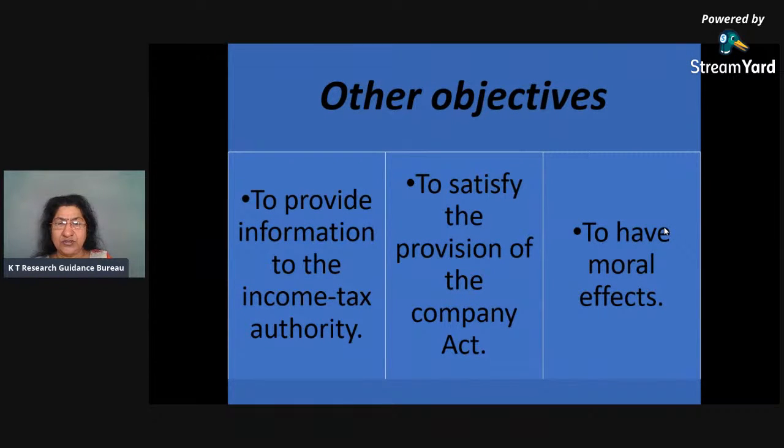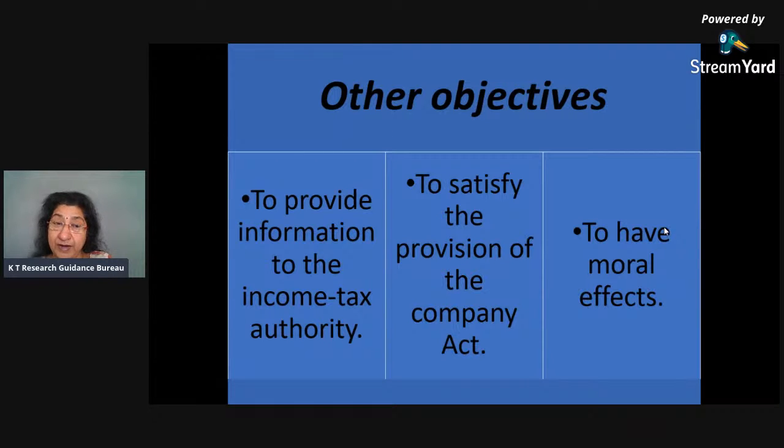Other objectives. So we finished main objective, subsidiary objectives. Then other objectives. In that one, first is to provide information to the income tax authority. So for companies, audit is compulsory. And now quarterly, they have to submit the reports to shareholders also.